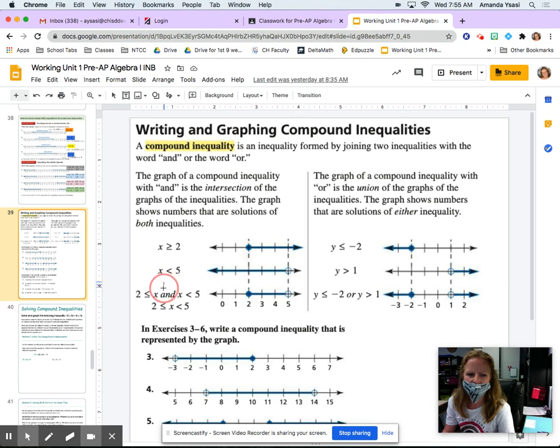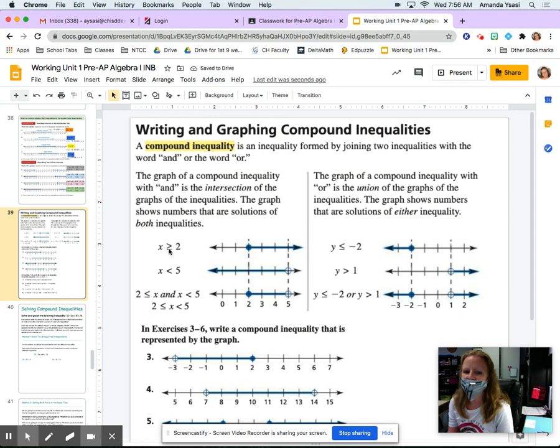Intersection would go like that. It looks really bad, but you'll get the idea. It's like a little upside down U. I'm going to take that off.